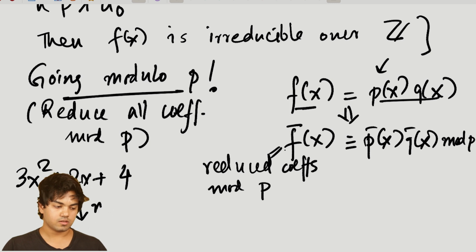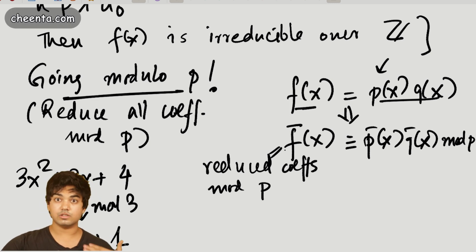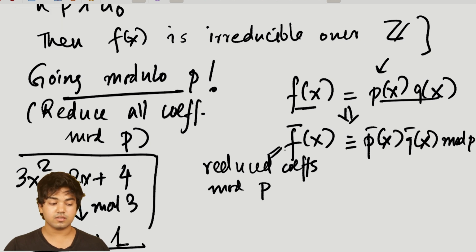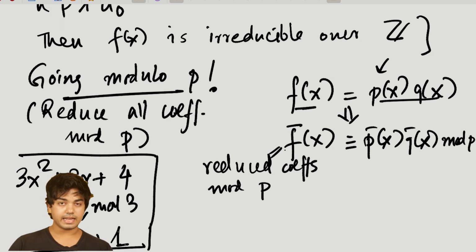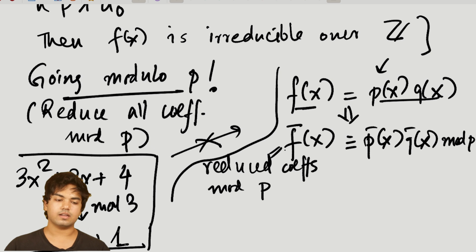If I reduce this mod 3, this actually becomes 2x plus 1. And suddenly I'm dealing with very different kinds of polynomials. We've lost essential data here, which is the degree. So unless this kind of degeneracy happens, you're still retaining a good amount of the data.